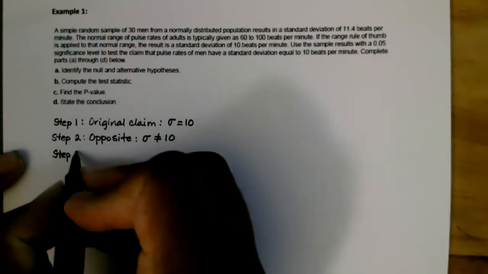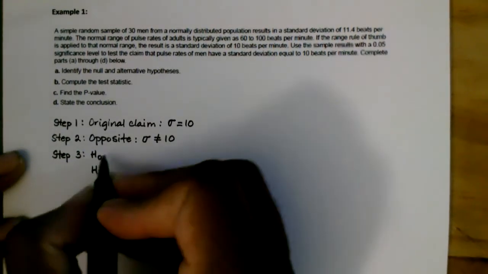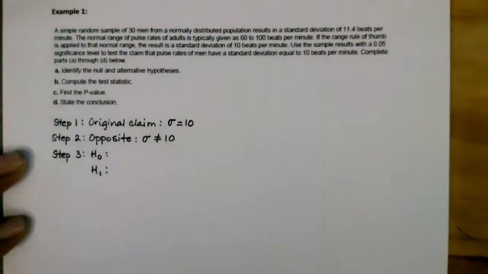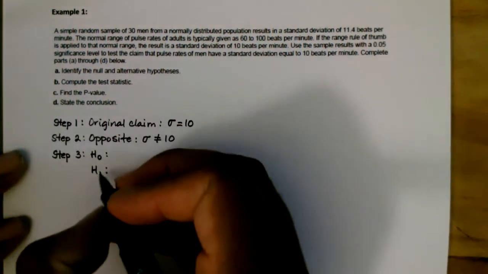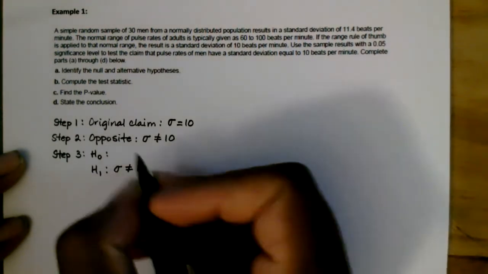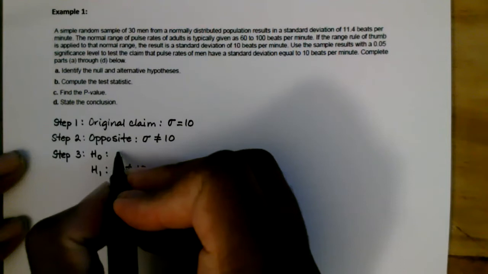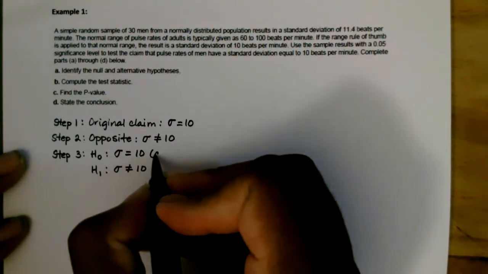And then step number 3 is to write our null and alternative hypotheses. All right, keep in mind the alternative has either the not equal to, greater than, or less than. This is not equal to, so that means sigma is not equal to 10 has to be your alternative hypothesis, whereas sigma is equal to 10, that's going to be the null hypothesis.